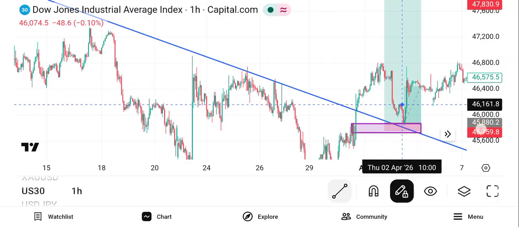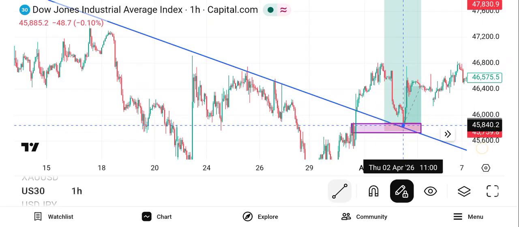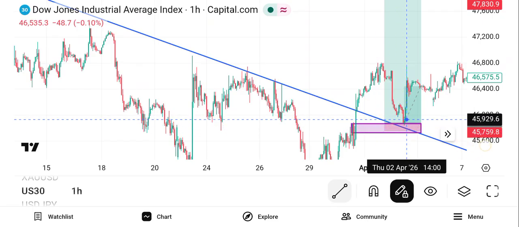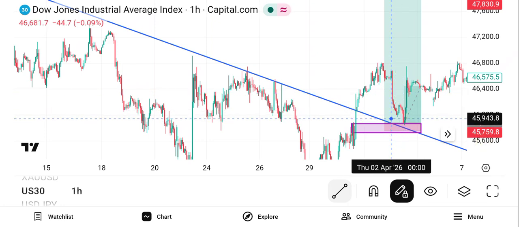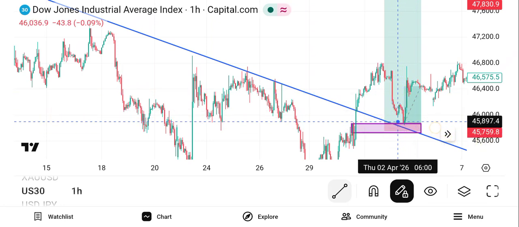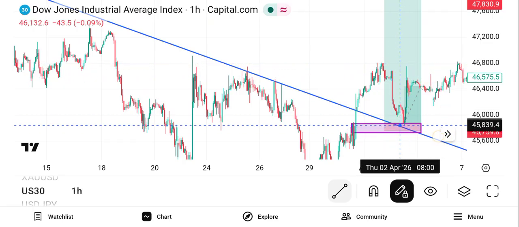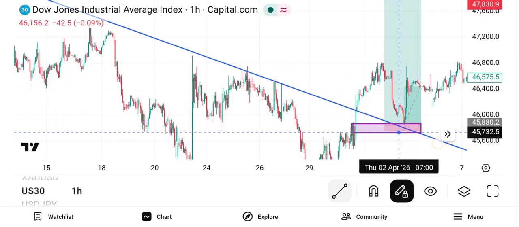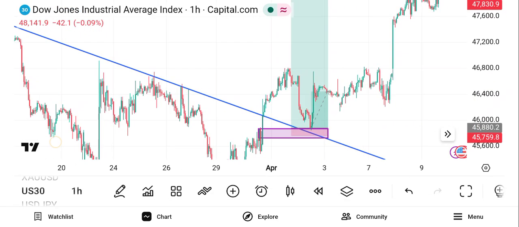And then you can see it came back to retest this breaker block here. So I was very rest assured that this trade is going to play. When the market broke above this trend line and then came back to retest, it triggered my point of interest. That is how I was able to cash this trade here.